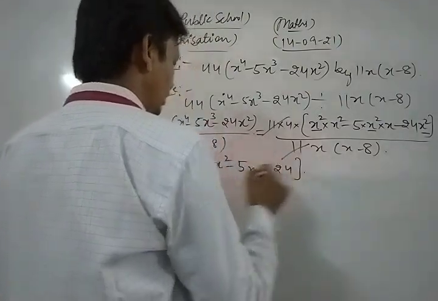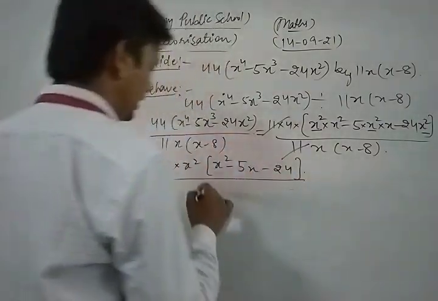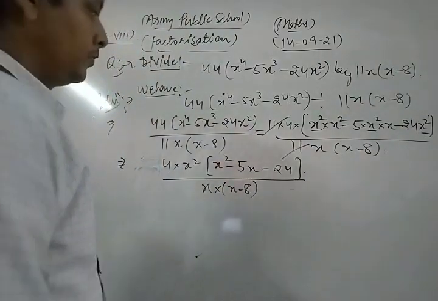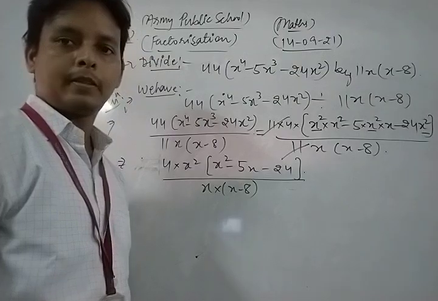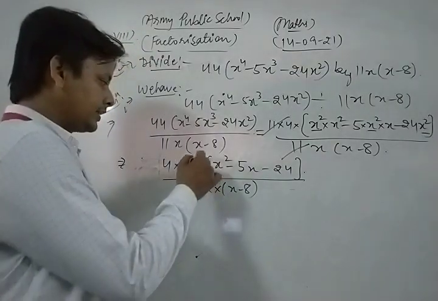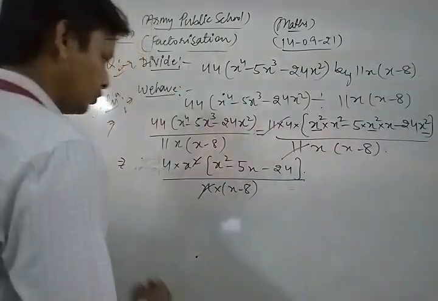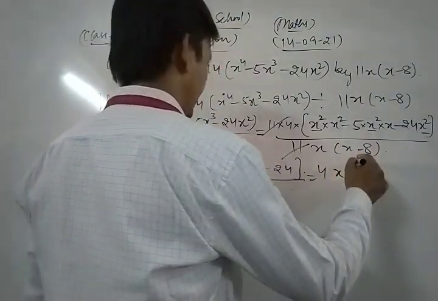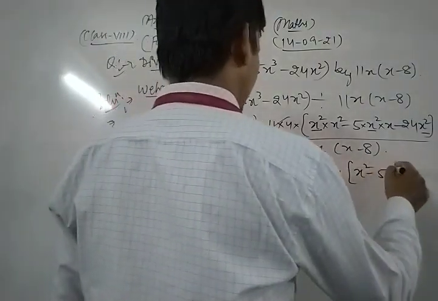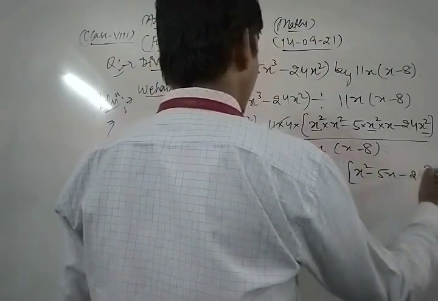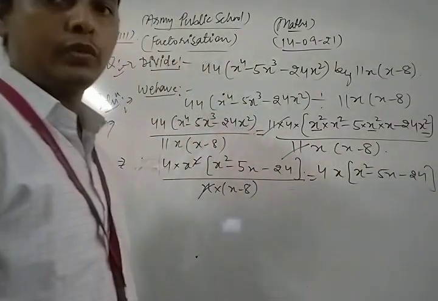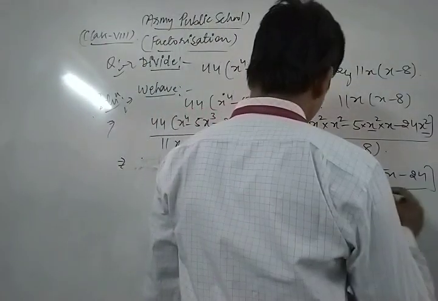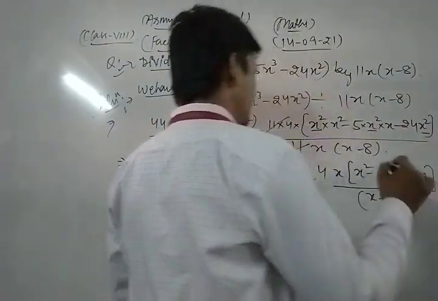In the denominator we write 11x into x minus 8. Now look here, 11 cancel, and x cancels with x square, so we get 4 into x, and here x square minus 5x minus 24, and in the denominator x minus 8 is left.